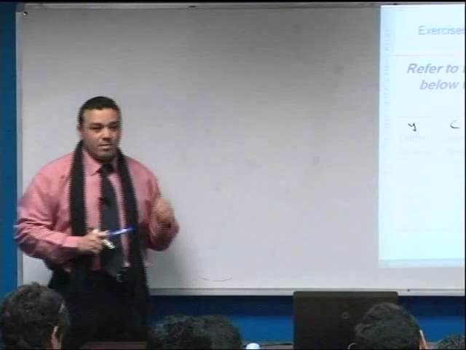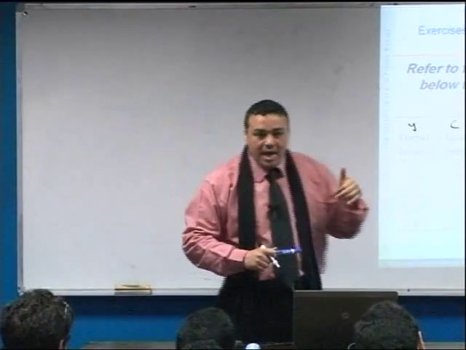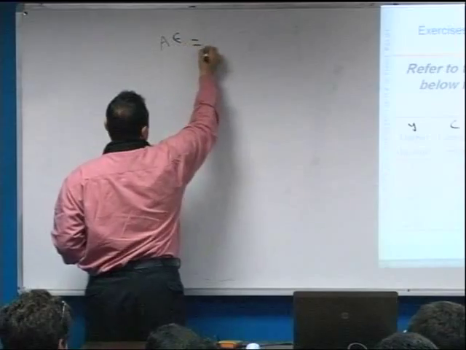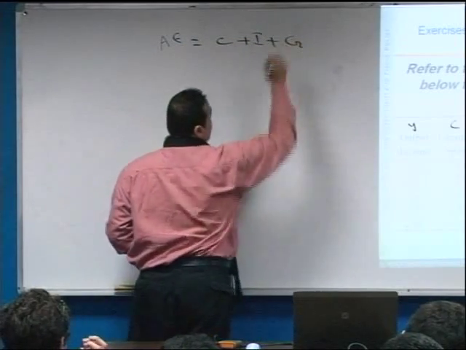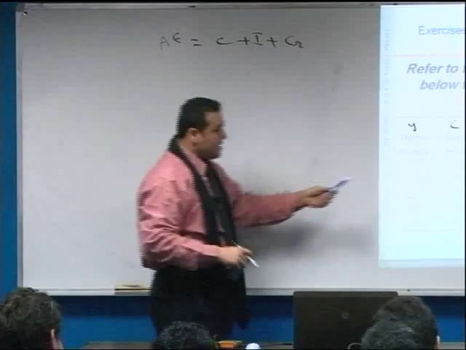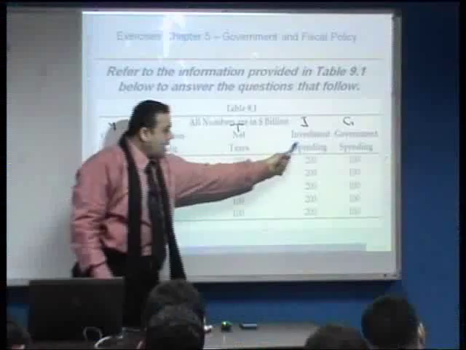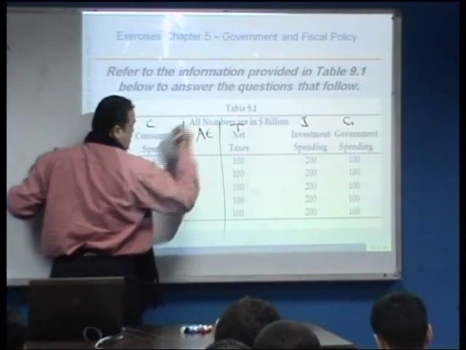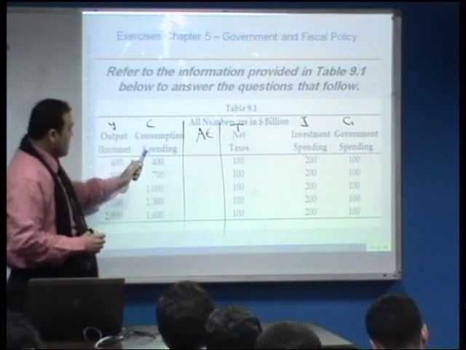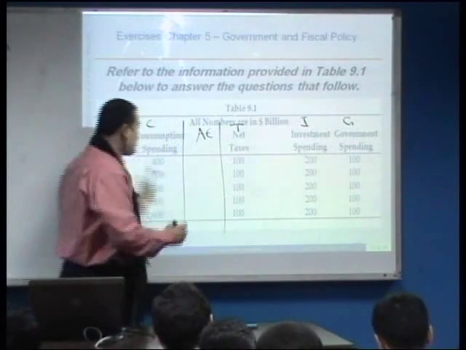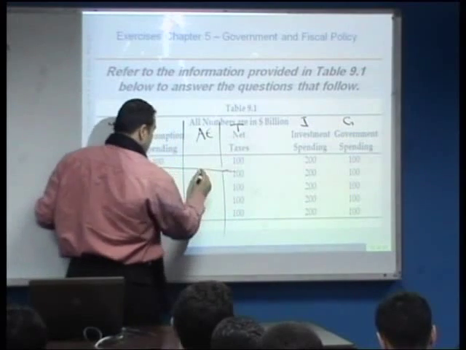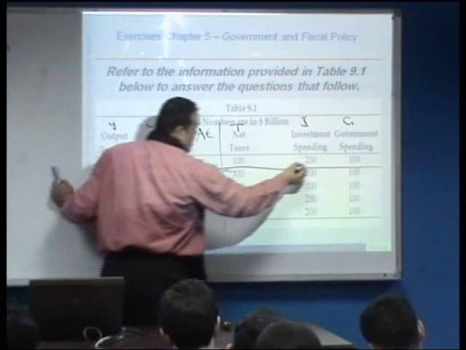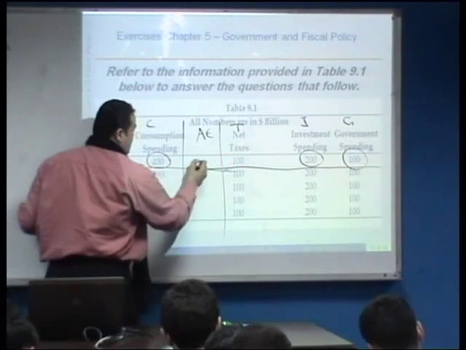The question, number one, calculate the aggregate expenditure. Aggregate expenditure in this case equals C plus I plus G, right? For the first case, 400 plus 200 plus 100 equals how much? 700.